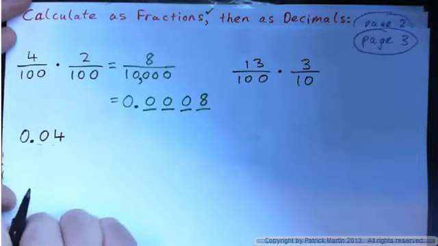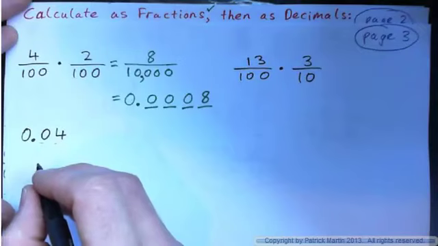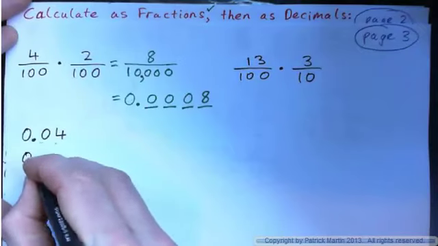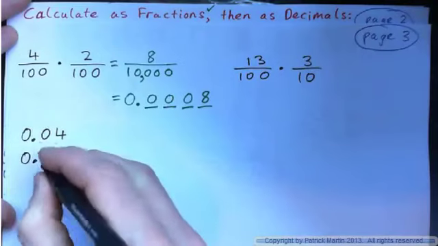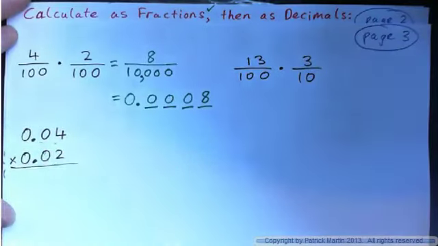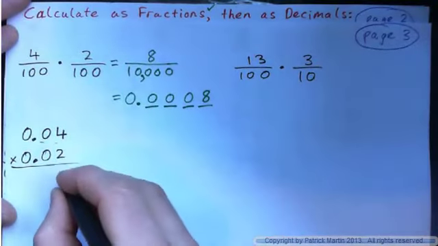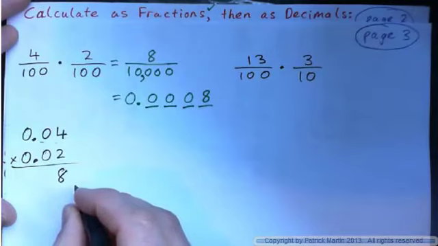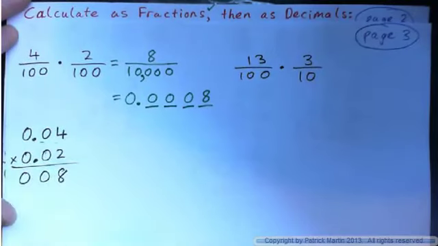What is 2 over 100 as a decimal? It's 0. Tenths, hundredths, right? 0, 2. Then we multiply them. Okay. So 2 times 4 is 8. 2 times 0 is 0. 2 times 0 is 0.